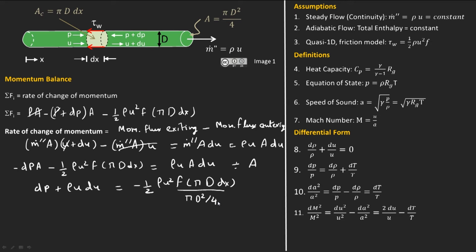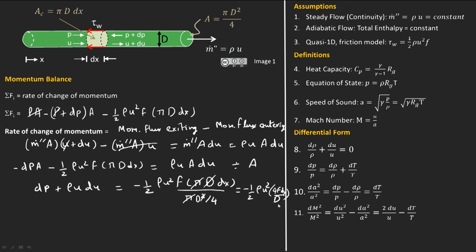Now I've done nothing but move the terms from left to right and rearrange in a way so that I get clean looking terms on the left and a slightly messy looking expression on the right, which can be further simplified by cancelling the pi's and the d, and this can be further expressed as minus half rho u squared multiplied by 4f times dx divided by d.